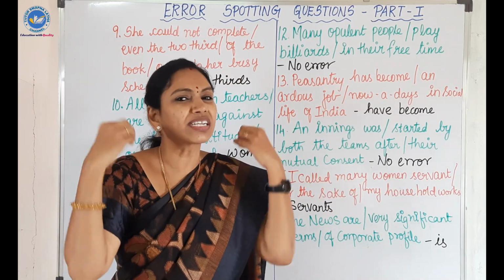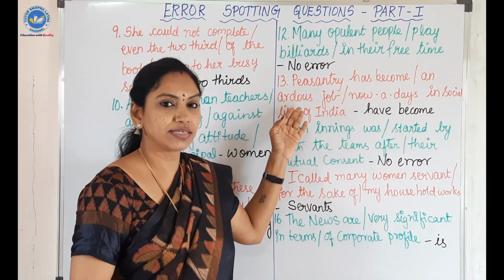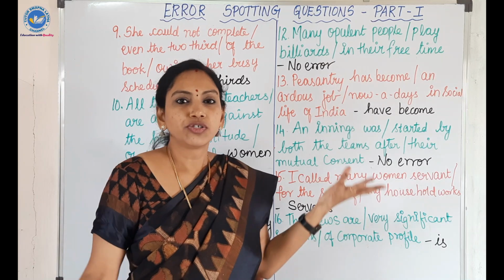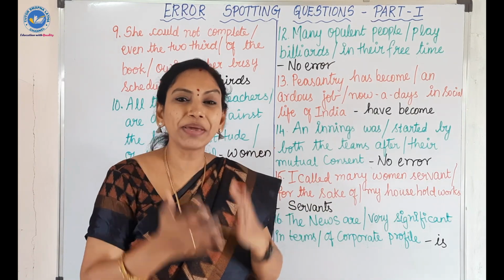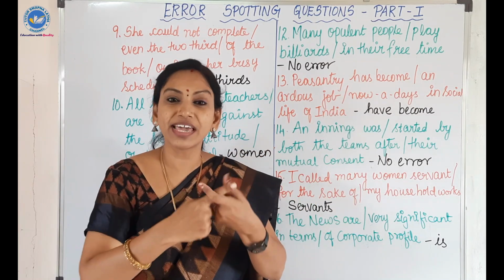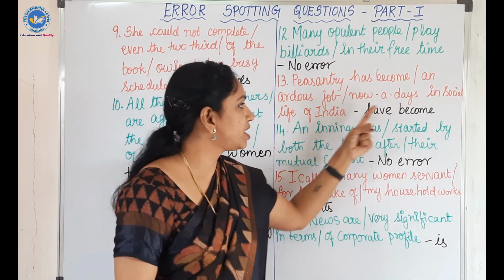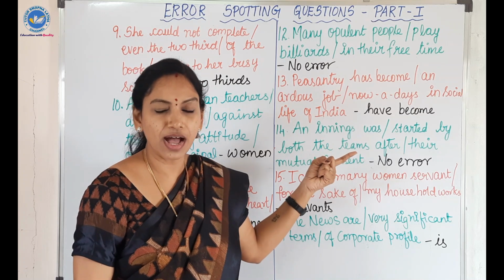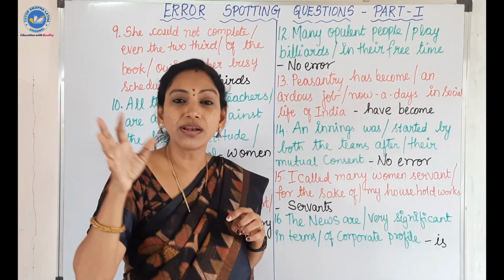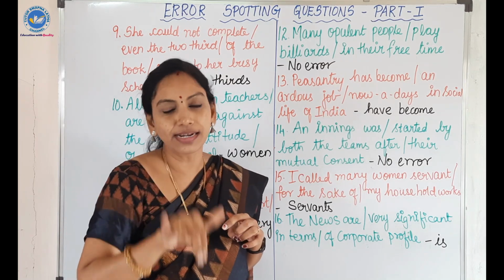It has become a very tough job. That is arduous job nowadays in social life of India. Social life. Nowadays people live for others. They don't live for themselves. They live for the sake of others. That is what they mean here. In social life of India, when somebody goes for farming, they think that others will insult them.